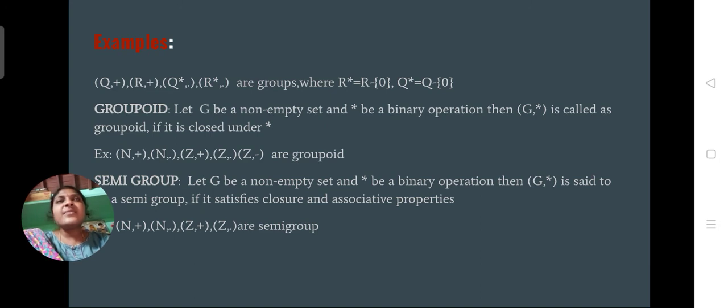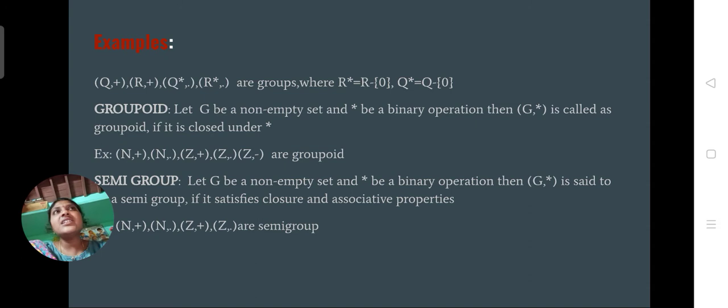Q star means Q minus the set 0. Under multiplication, I said that 1 is the identity element and 1 by a is the inverse element. But if we take 0 from the rational number set or real number set, the inverse element of 0 is 1 by 0, which means infinity.